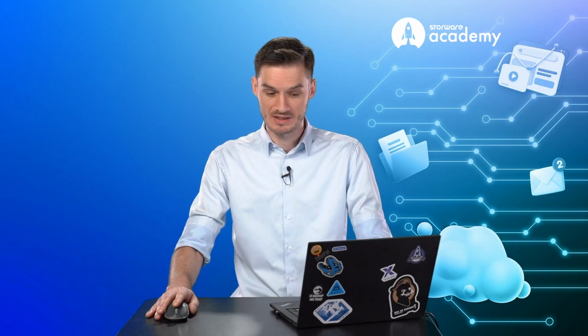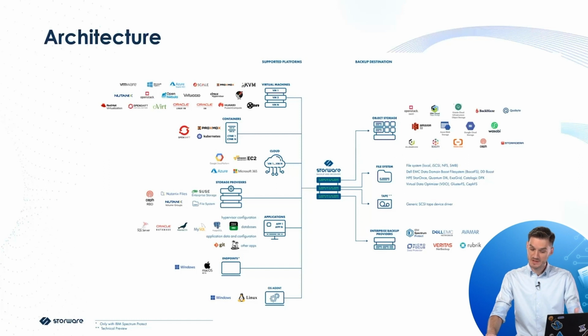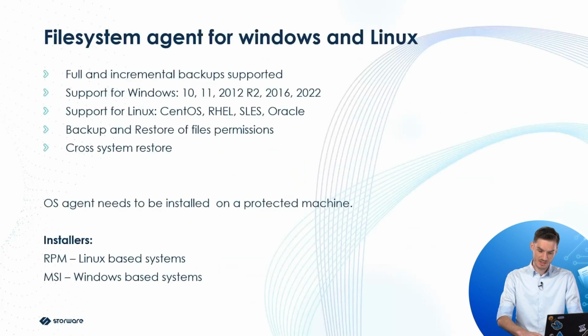Let's look at the right side. Object storages, any file system in your network, freshly added tape support, and Storware can also work as a proxy to enterprise backup providers such as IBM Spectrum Protect, Dell Avamar, Micro Focus, Veritas, and Rubrik.